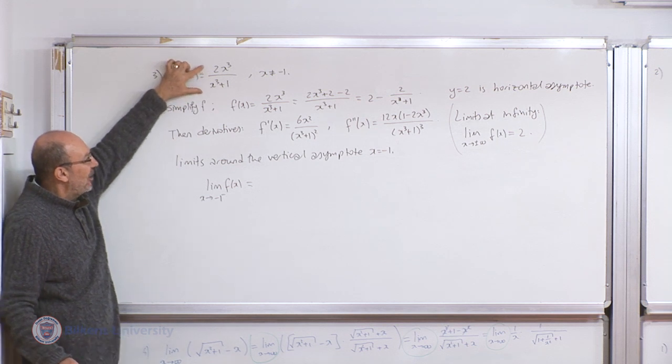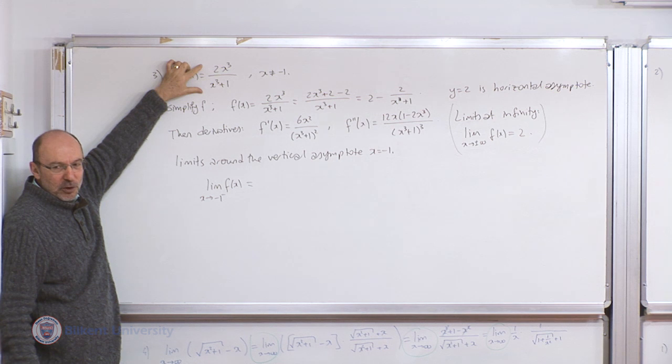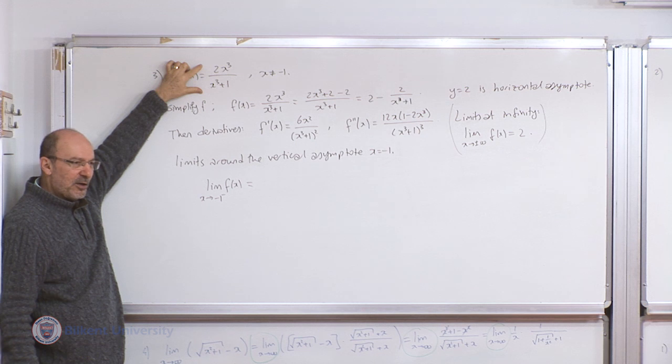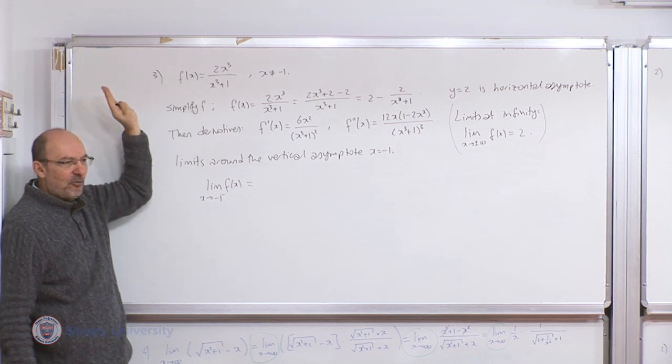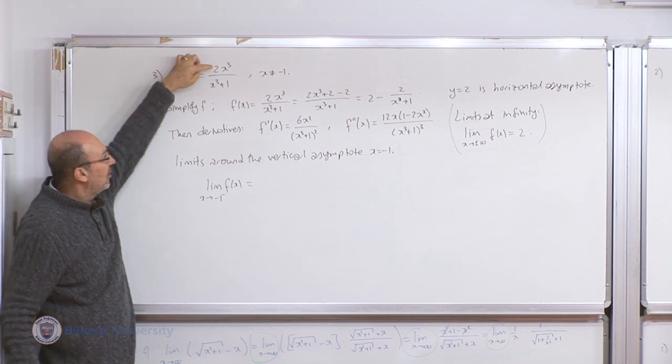This is the vertical asymptote, so we are expecting the limit as x goes to minus 1, the denominator goes to 0. The numerator does not go to 0. So we are expecting plus or minus infinity. To make sure that we catch the sign, we approach it from one side first and then from the other side. When we are on this side of minus 1, this is negative.